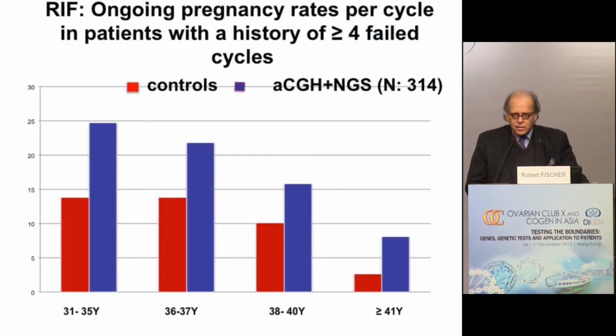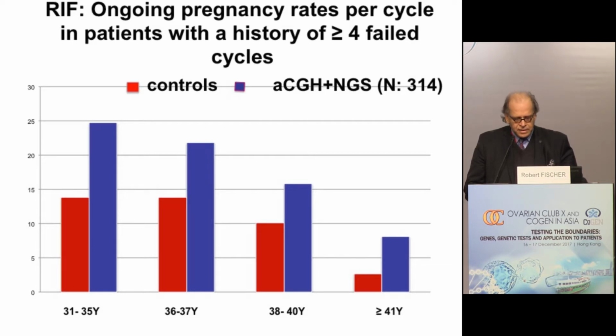When we looked at recurrent implantation failure, on the blue bars you have the examined patients, and the red ones are the controls, so those who did not do polar body genetic testing.